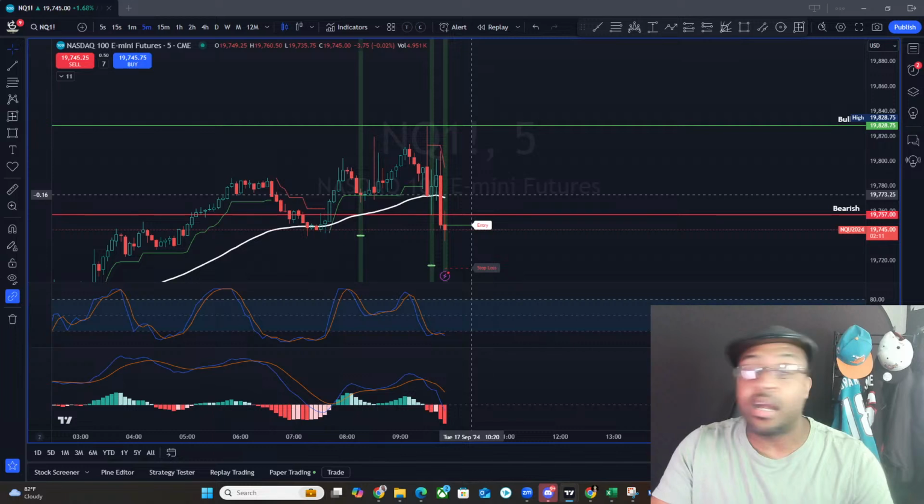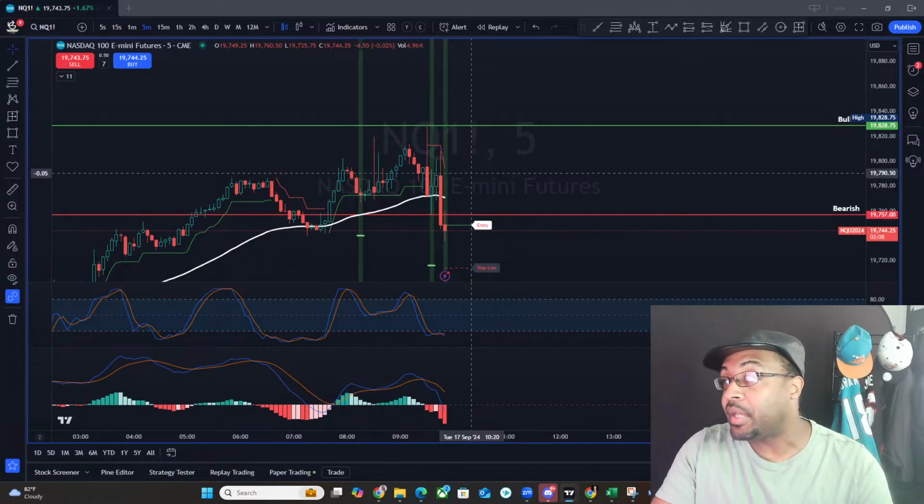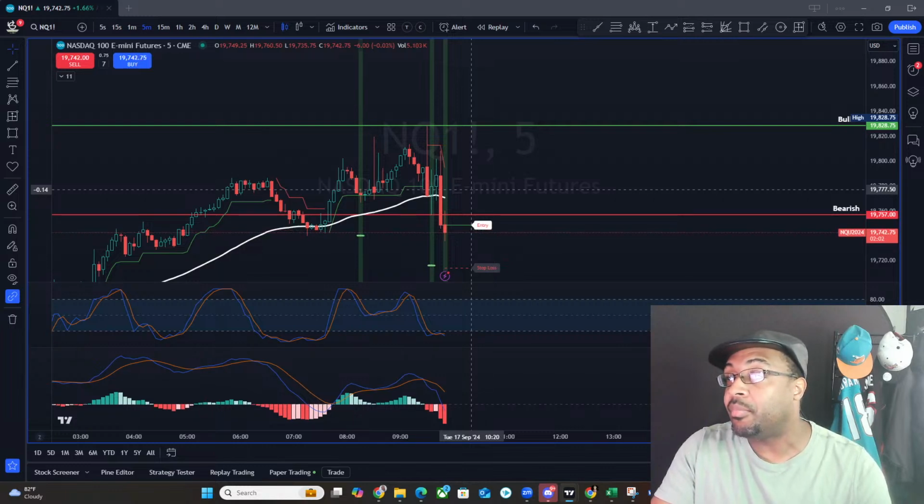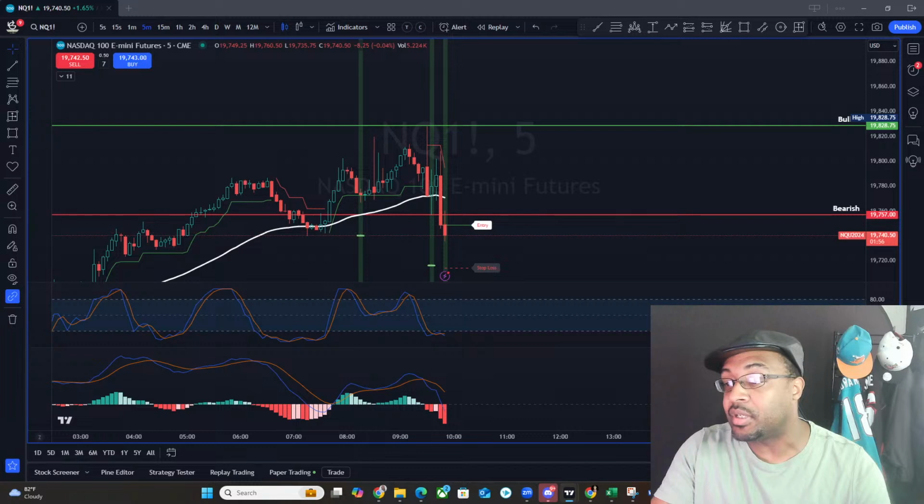That's the funny thing about contract expirations. So I did lighten up my leverage a little bit, just to see what the market has, versus going with the entirety of my position, because this can do some funky stuff, and I'd rather be safe than sorry.